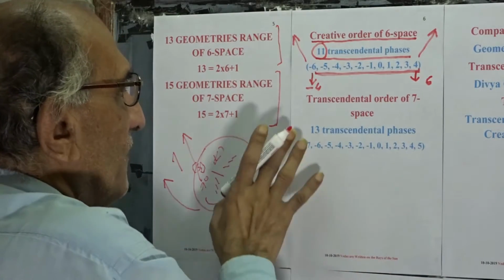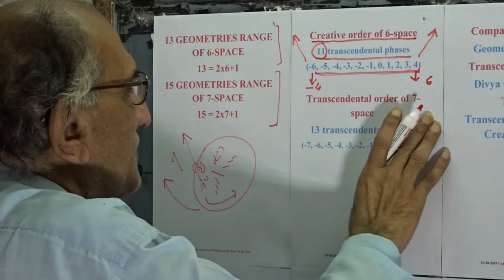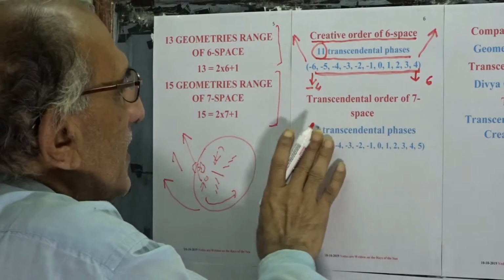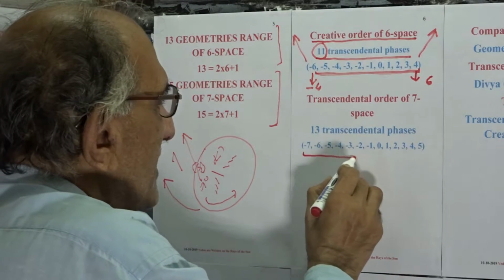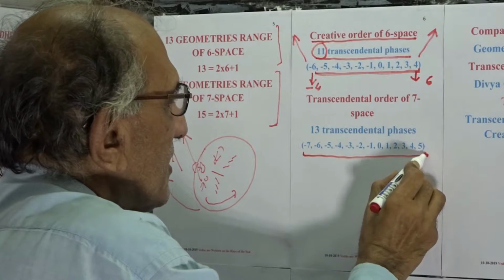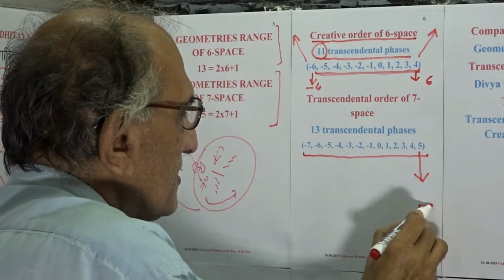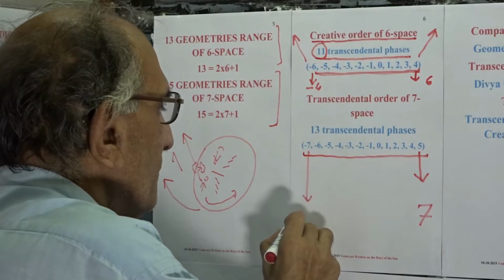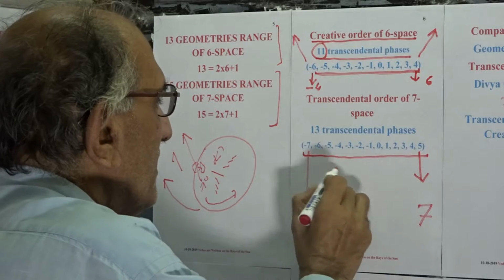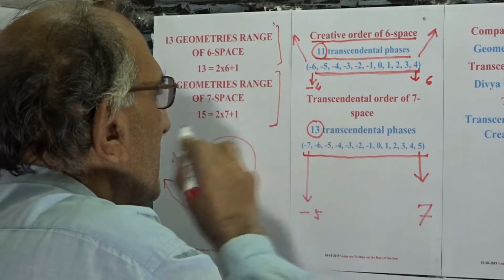Further, in respect of the transcendental order of 7 space, we know that there are going to be as many as 13 transcendental phases, as 5 space as dimension creates 7 space, while minus 7 space creates minus 5 space, and it leads us to 13 transcendental ranges.